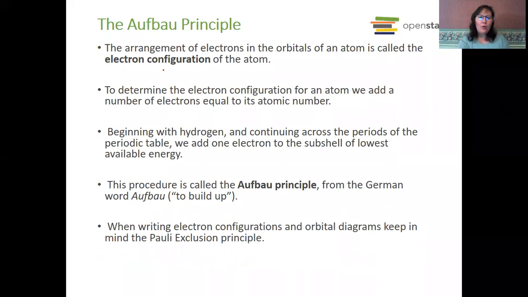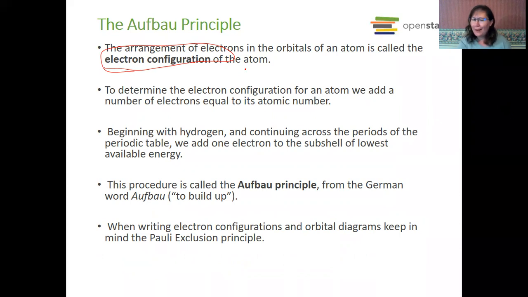Following that order of fill is going to give us an electron configuration for each atom, and that's going to show where the electrons in the atom are. To determine the electron configuration for an atom, we need to add the number of electrons equal to its atomic number.